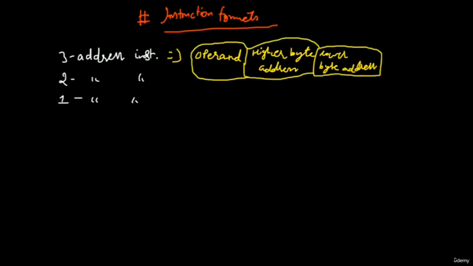So this is the 3 address instruction, by which we are able to see operand, higher byte, and lower byte.